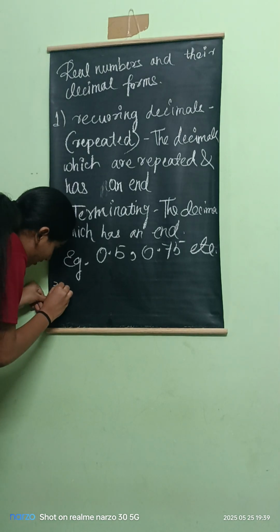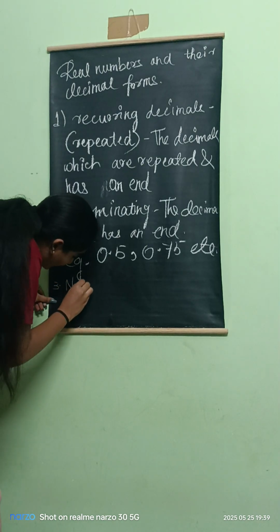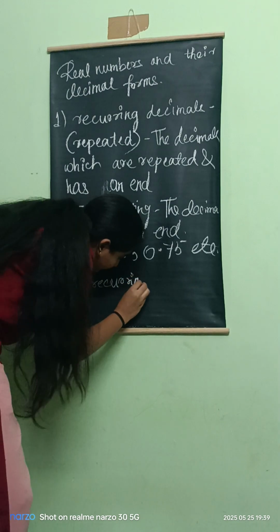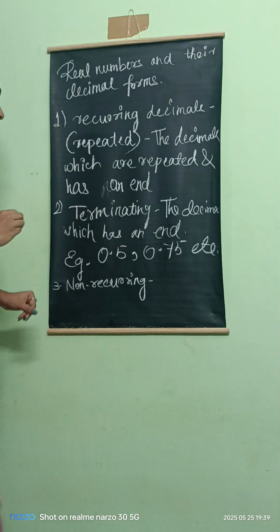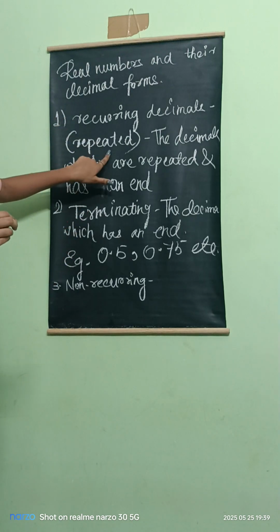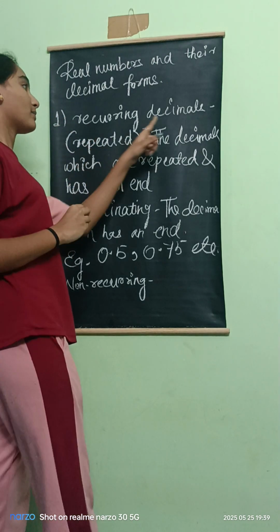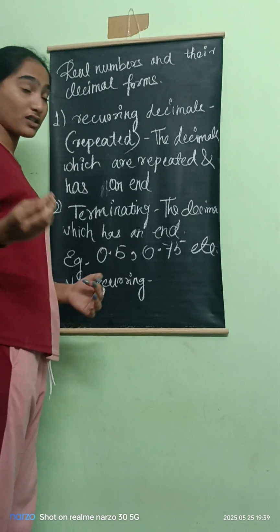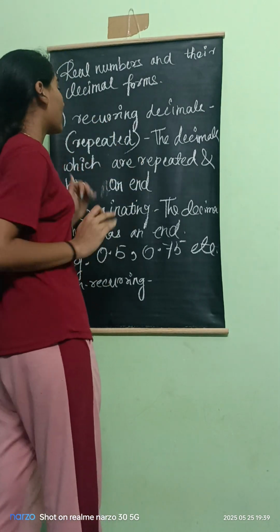So our third term will be non-recurring. This non-recurring decimals is quite opposite to the repeated decimals, that is recurring decimals. So first the keyword.